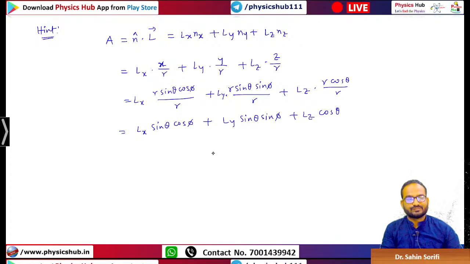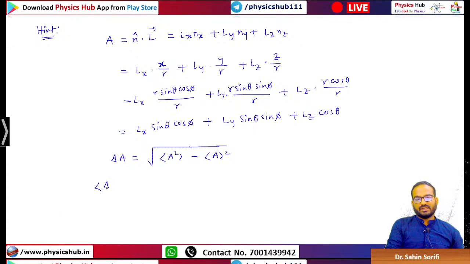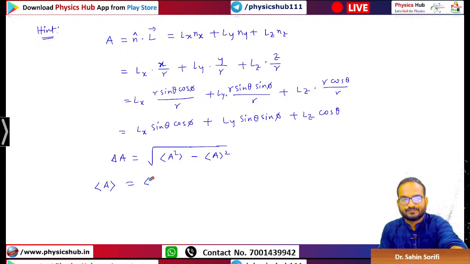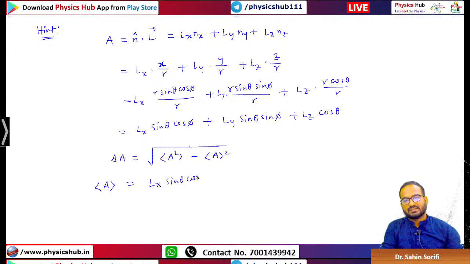So once you know A, we can find out delta A after evaluating A square average and A average square. Now if you want to calculate A average, A value we know, so look what we have: Lx sin theta cos phi, Ly sin theta sin phi, and Lz cos theta.